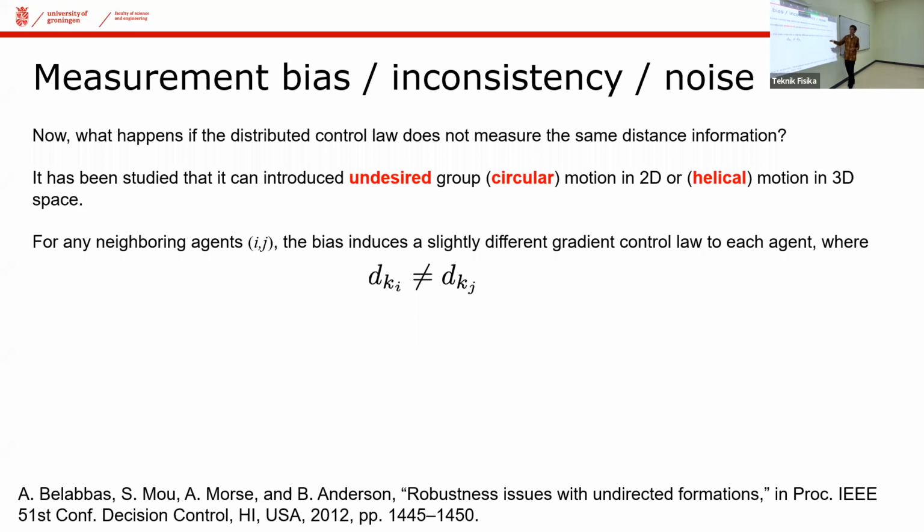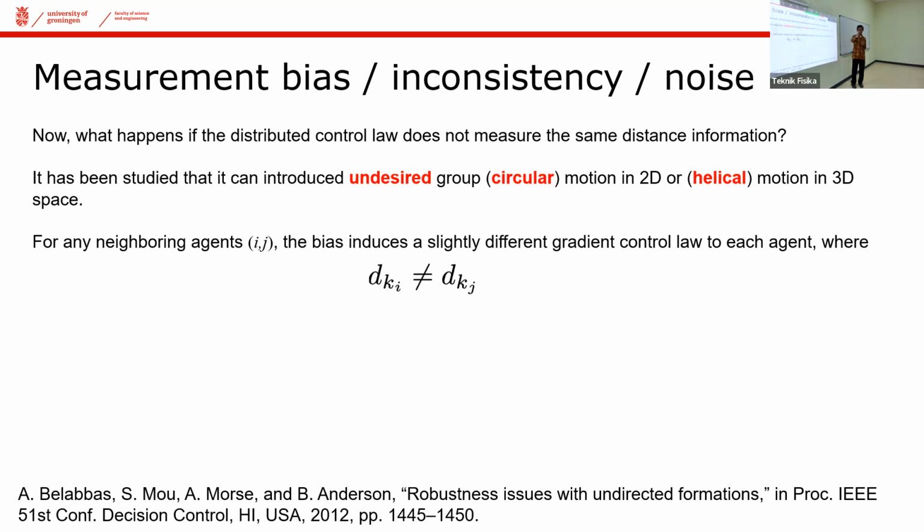So in this case, the two pairing agents at the edge K, so the agent I at the edge K and also the agent J at the edge K, they are not using the same distance. Why is it possible that this happened? That could happen because there might be some offset error in the sensors.